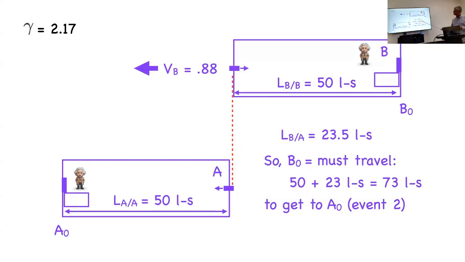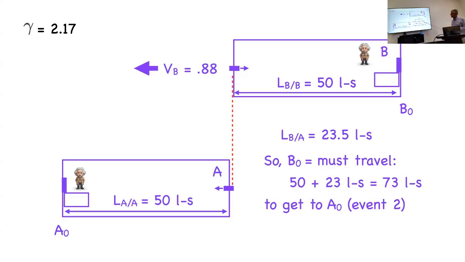So if that's true, then B naught must travel, according to A, 23 light seconds to get to here, and then another 50 light seconds to get to here, and that's event 2.